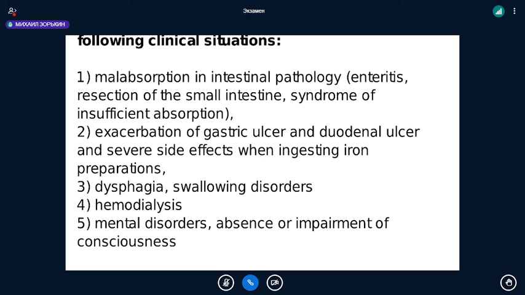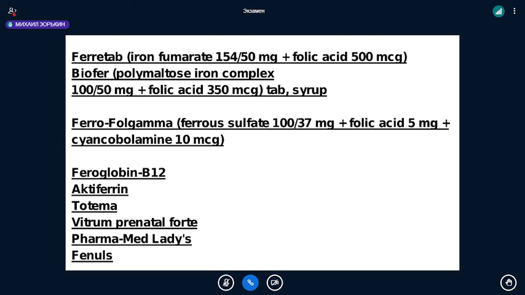We're just wasting our time. There is no effect, no favorable changes of the biochemical analysis, no changes of the CBC will be detected, because our therapy is useless and parenteral therapy must be used here.